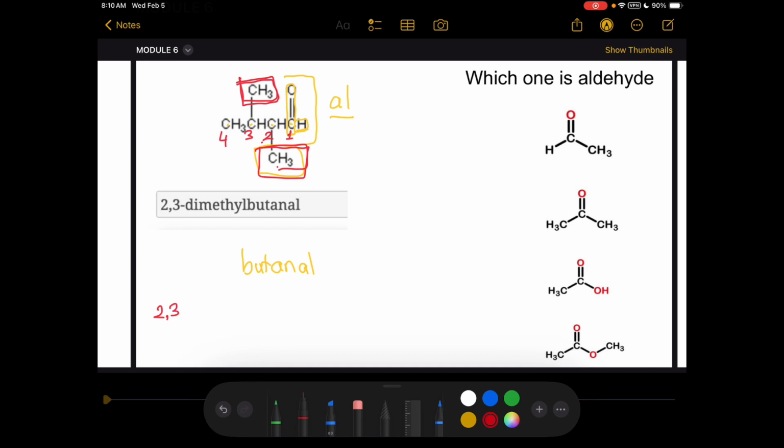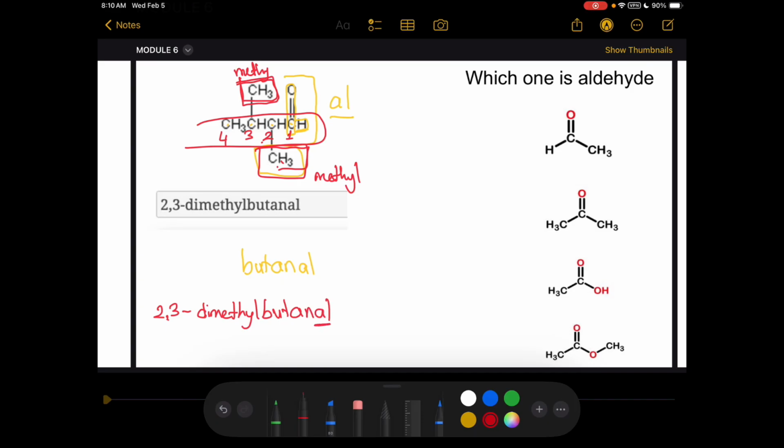Because they're both methyl, I'm going to put them together: 2,3 dash, because there are 2 of them, dimethyl. That's my substituent, and the name of my main compound with 4 carbons is butanal.